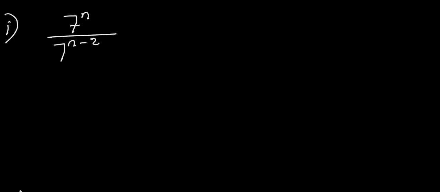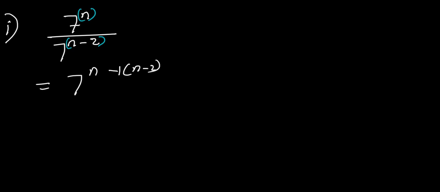Over here we have 7 exponent n over 7 exponent n minus 2. So remember, this is division. All we have to do is to subtract the exponent of the denominator from the exponent of the numerator. Okay, so first we keep the base. The base is 7, and then exponent n minus, put the exponent of the denominator in parentheses, n minus 2. And so now we have to just change this to -1.